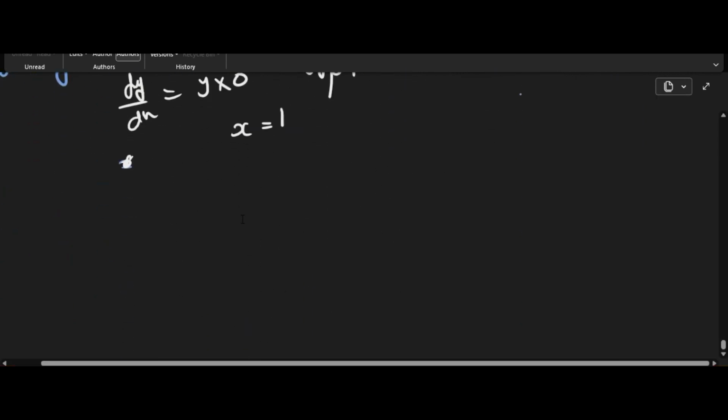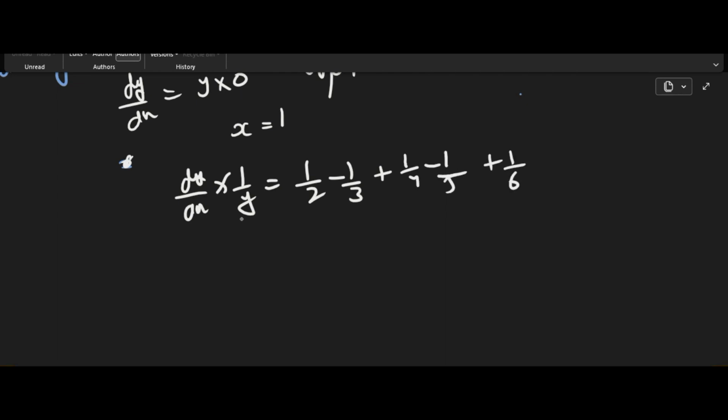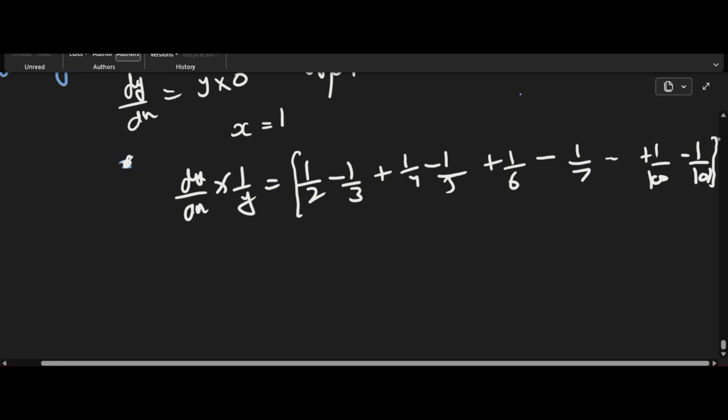That dy by dx into 1 by y is equal to 1 by 2 minus 1 by 3 plus 1 by 4 minus 1 by 5 plus 1 by 6 minus 1 by 7, etc., till plus 100 minus 101, right? And if you notice, although this is not till infinity, this is pretty much finite.